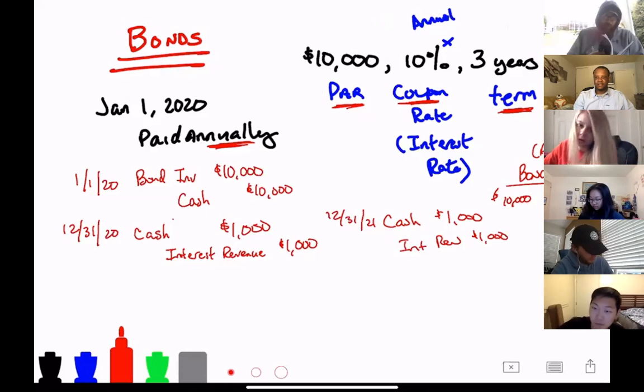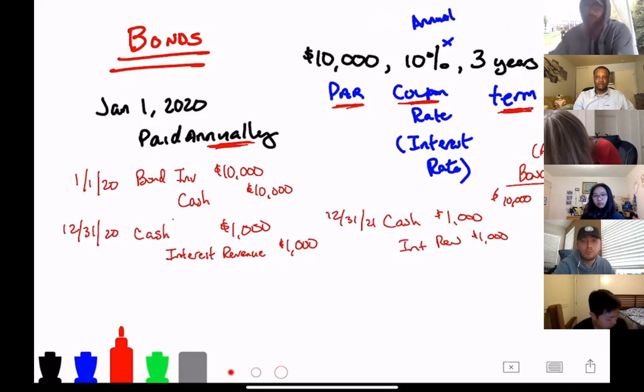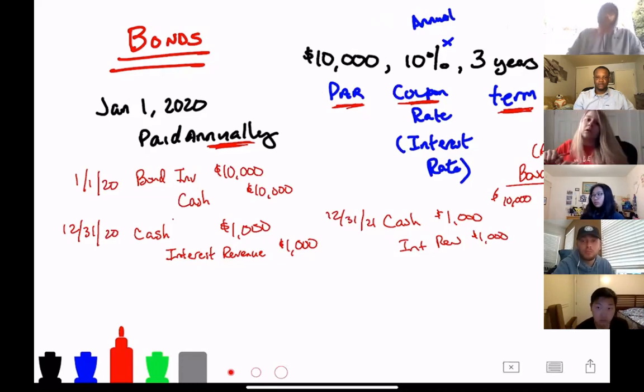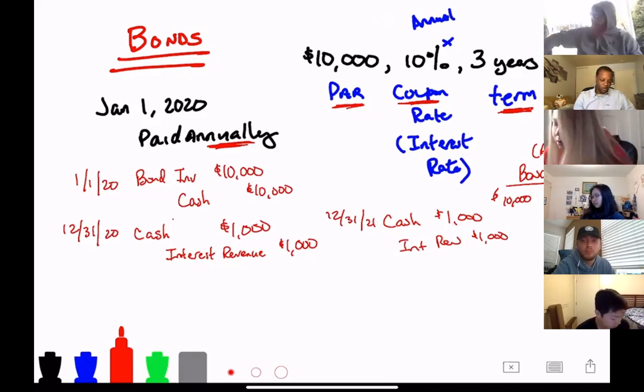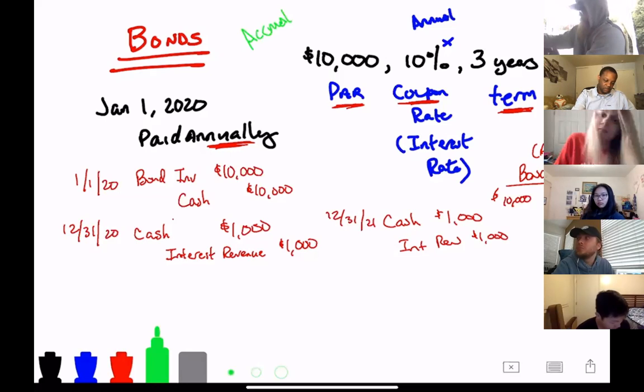Is there a way you could just multiply the term by the coupon rate and then take it from the par? Just take 30% of the par to get your ending interest? No, we cannot. That's a good question. And here's why we cannot: because we're still using, oh, you guys love this term, the accrual basis of accounting.